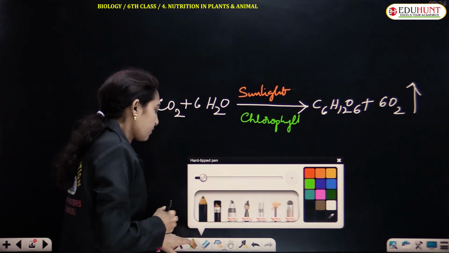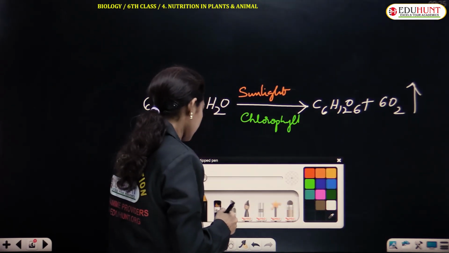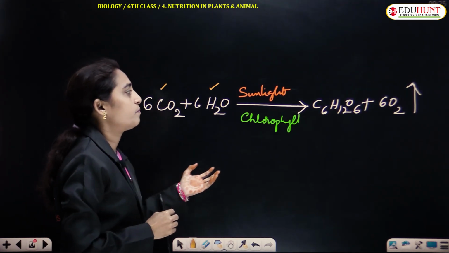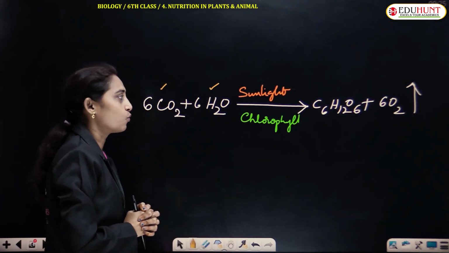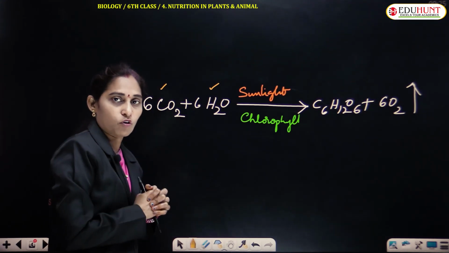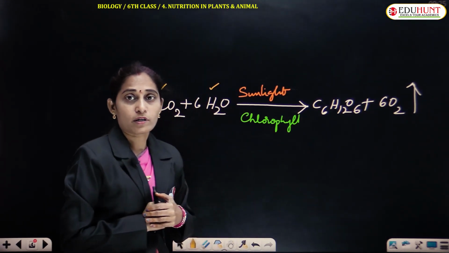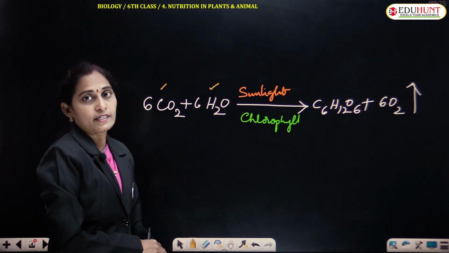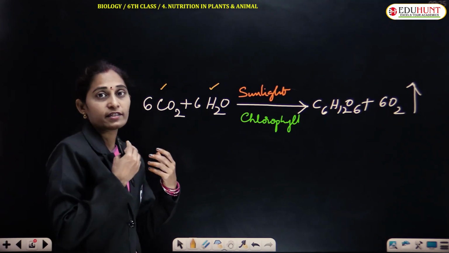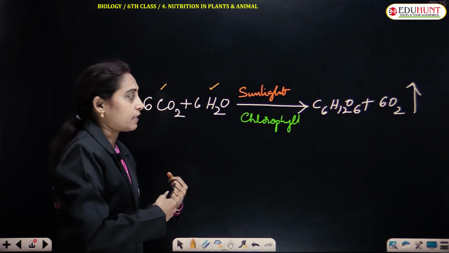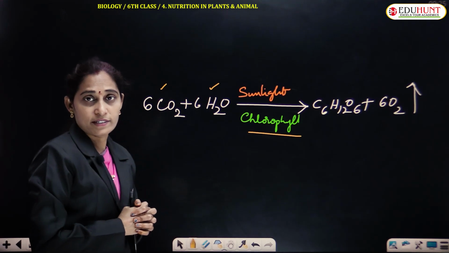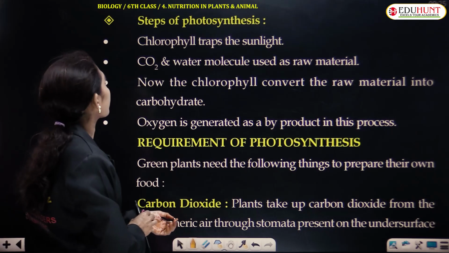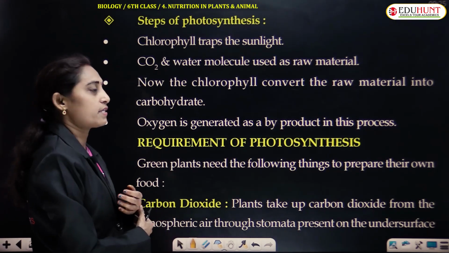That is why we can say that CO2 and H2O together join and form C6H12O6, that is glucose, the end product of photosynthesis. Oxygen is the byproduct of photosynthesis, and they require sunlight for energy. To trap this energy, where the energy gets trapped, that is in the chlorophyll molecule itself present in the cell organelle known as chloroplast. Anyway, the steps of photosynthesis.